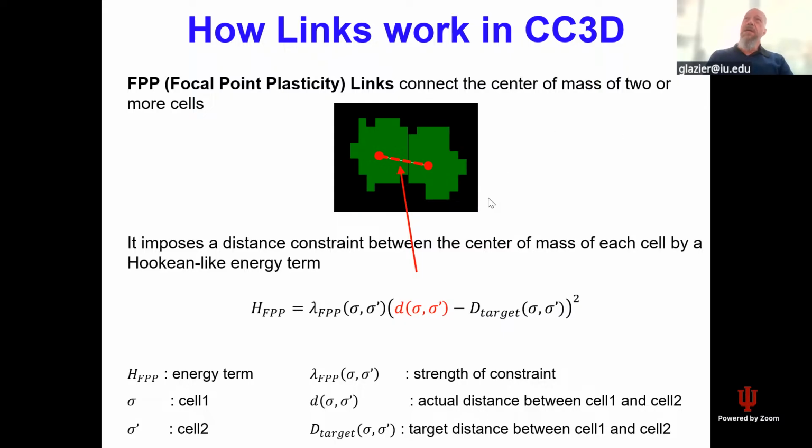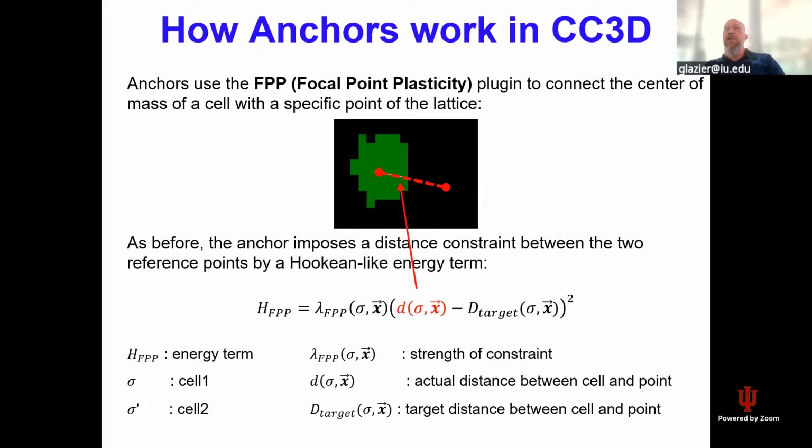So far we've had links between a pair of cells, but we can define a link between a cell and an anchor, where the anchor is some fixed position in space.